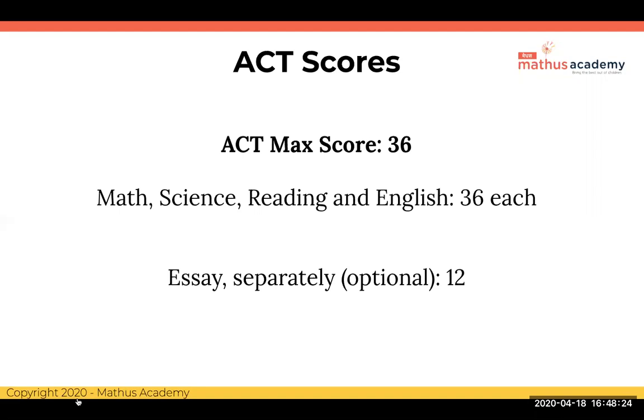They take an average and round it. So when somebody says I got a 35 or 34 or 33, that's what it means in the ACT. The essay is still optional and separate, just like in the SAT, and it is scored out of 12 instead of the 24 there. But it's always given as a separate score.